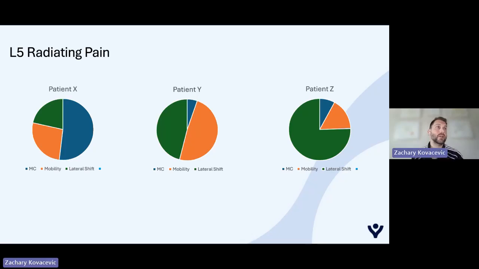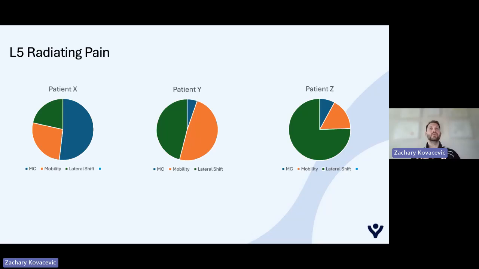So as a reminder, for the purposes of this lecture, no L5 radiating pain, no L4 radiating pain looks the same. It looks the same on the referral. It looks the same based on where they have symptoms, but it does not look the same based on the impairments that are present or the degree to which the impairments are in deficit.